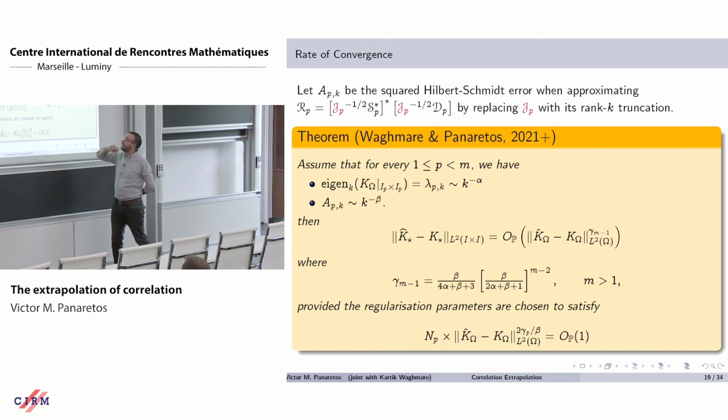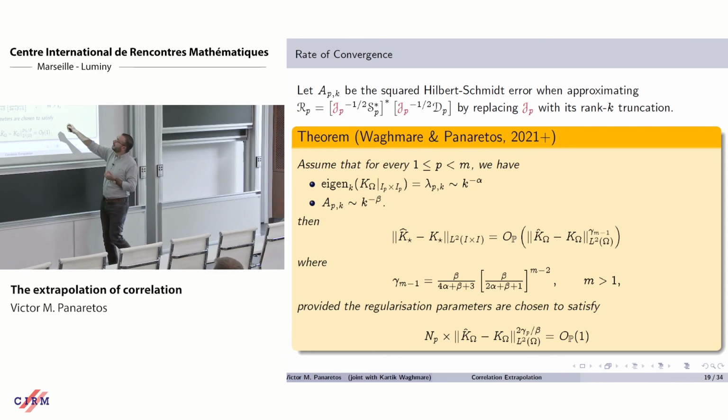Here you have an exponent alpha. Then what you get, and I've simplified this theorem a little bit, it's a little bit more technical to state, is that you can translate your rate of convergence in the L2 norm, or the Hilbert-Schmidt norm if you look at the operators, to a rate for your estimator of the canonical completion.